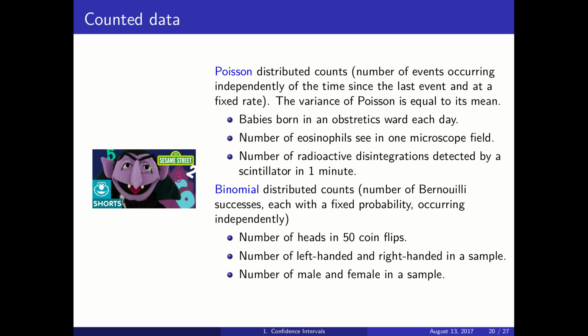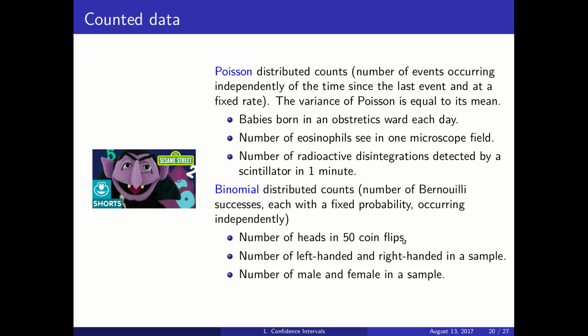So given an area, we have a particular number of counts per area, number of units per area, and this is the same as the babies born: number of babies per time unit. Also, the number of radioactive disintegrations detected by the detector in 1 minute. And so this is the Poisson.